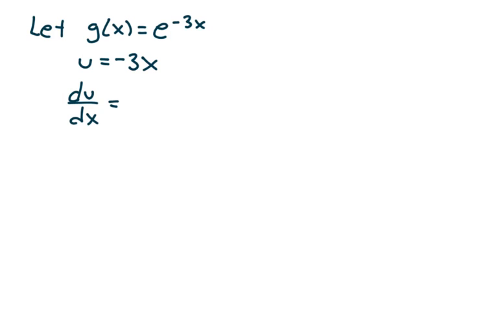Now, let's let g of x equal e to the negative 3x, because we're going to need its derivative. So let u equal negative 3x. Du dx is going to be equal to negative 3. And we'll say y1 to distinguish it from the y we're already using. So let y1 equal e to the u.